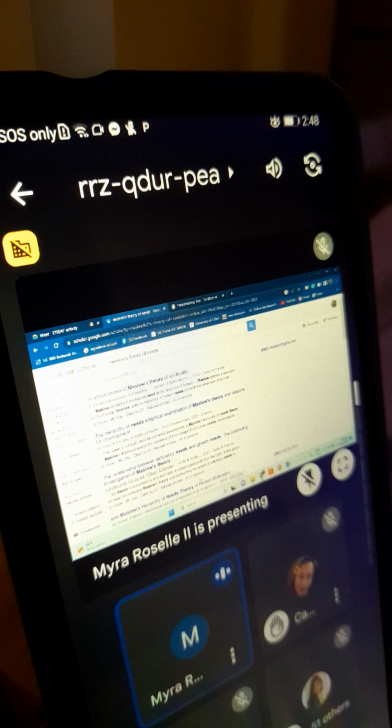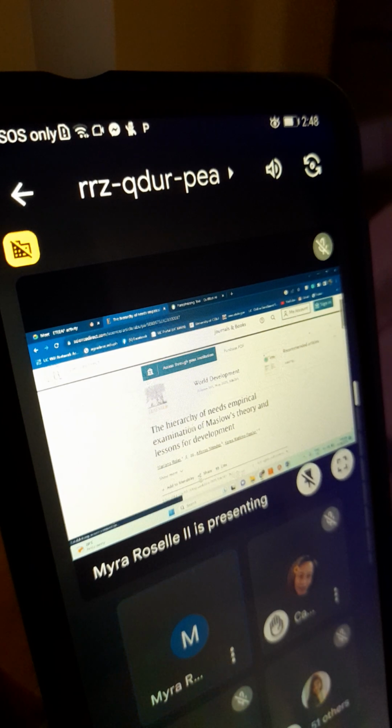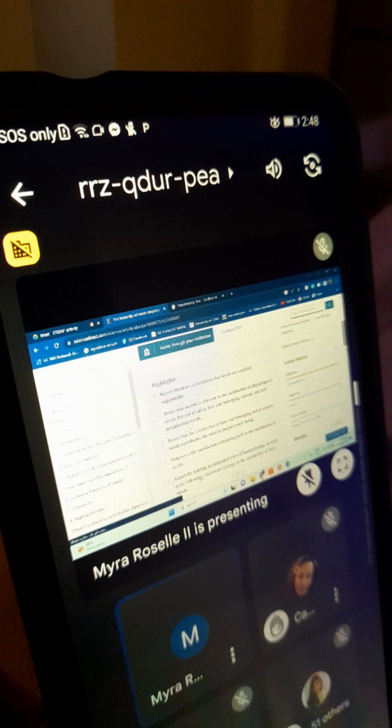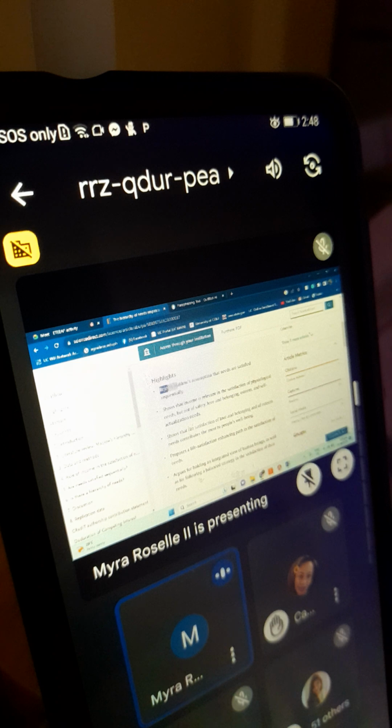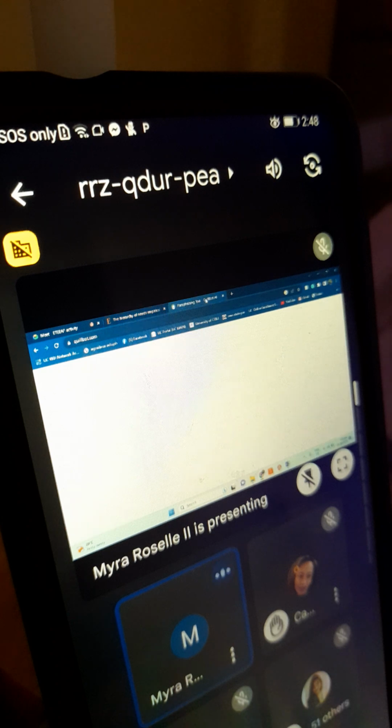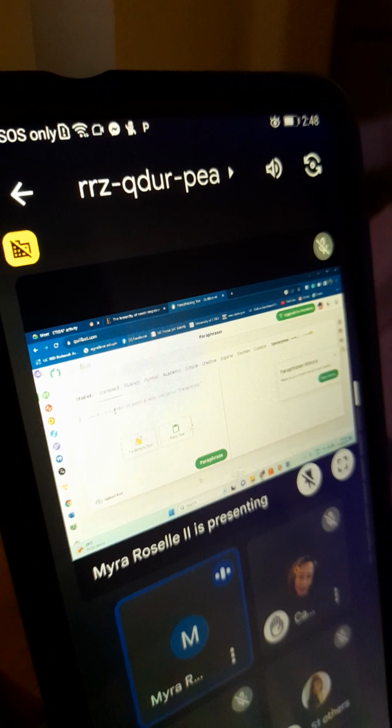Okay, so for example, this one, this is the theory. Copy, Control C, you go to the paraphrasing tool, Control V for paste, paraphrase.